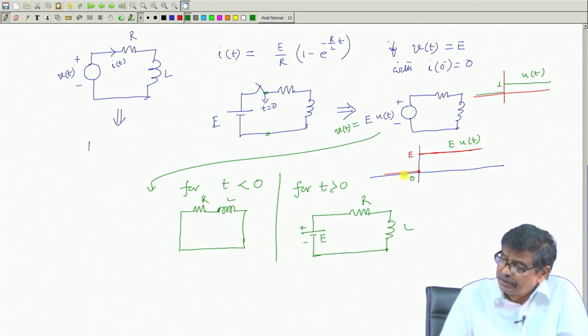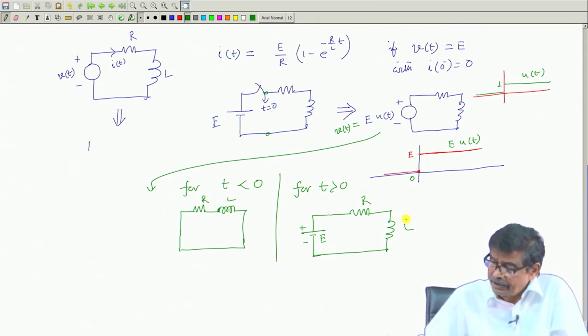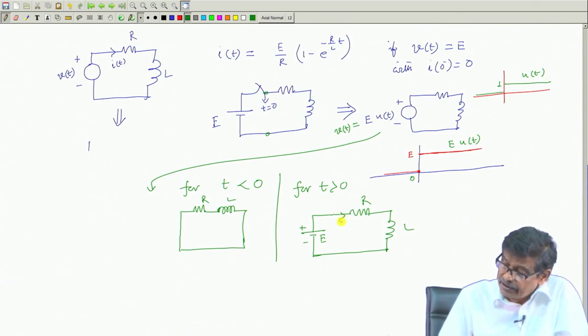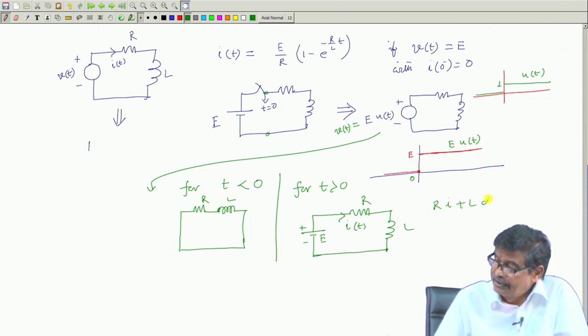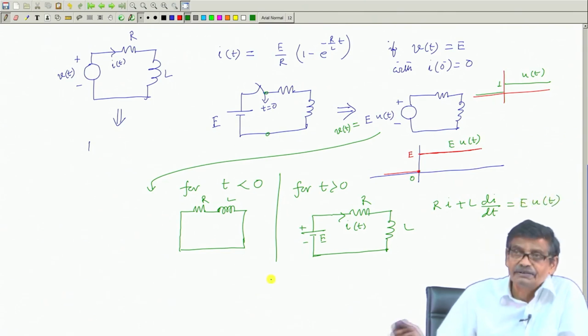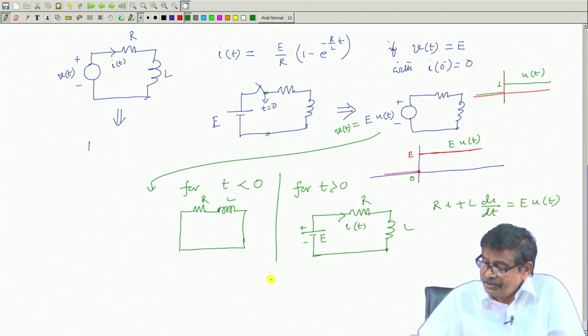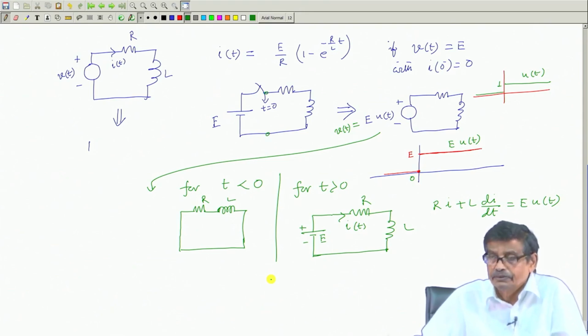So, initial current will also be given and you can solve the current, but for the expression of the current for t greater than 0, you will get the same equation R I plus L dI/dt is equal to u(t). I am interested to get the solution for t greater than 0.